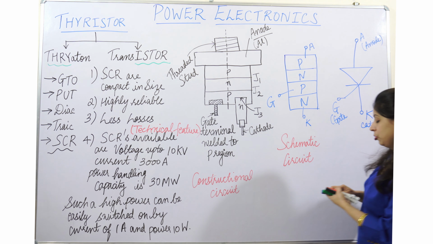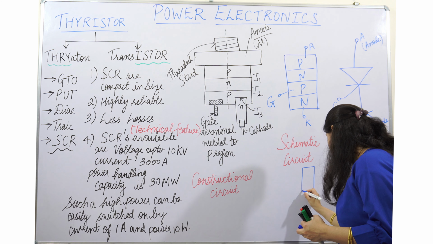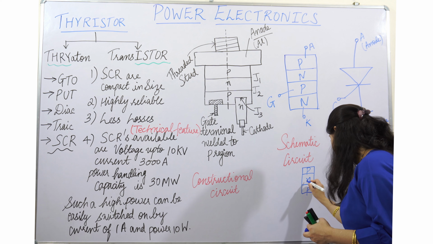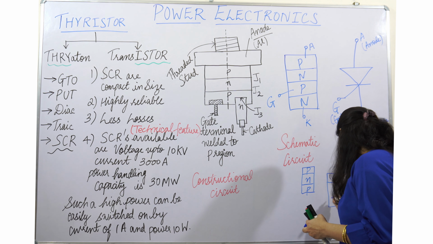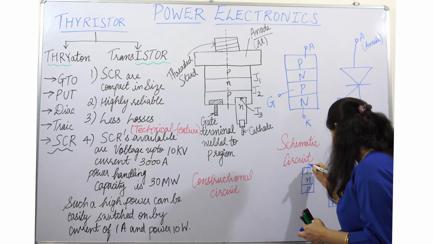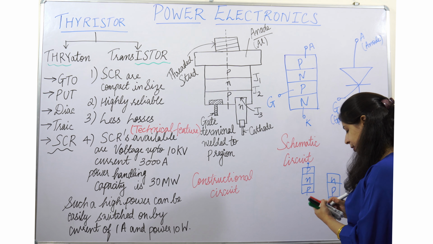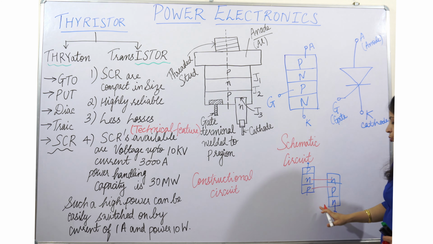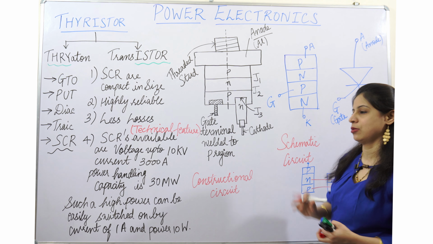Okay. So let us see how. Suppose this is one PNP transistor and this is the NPN transistor. So when these two PNP and NPN transistors get combined, we get a thyristor circuit.